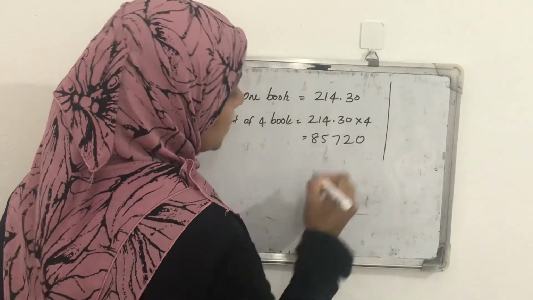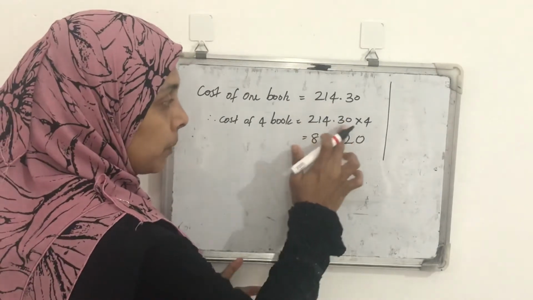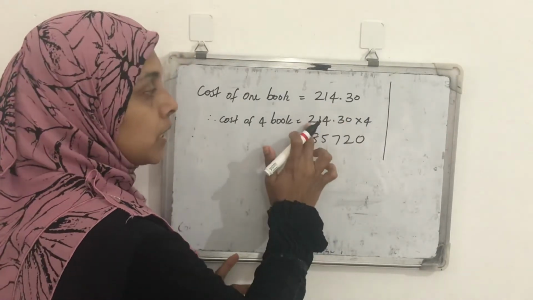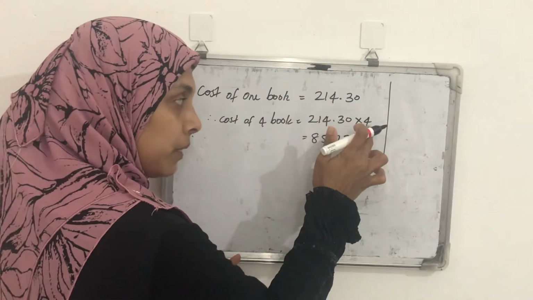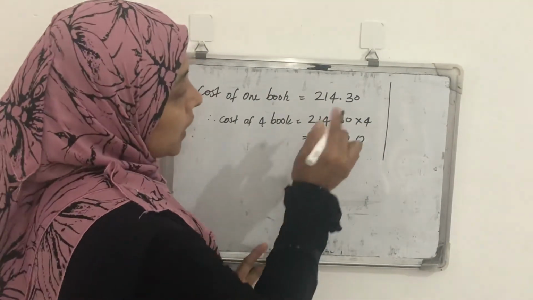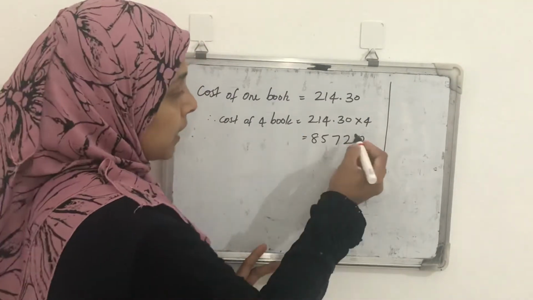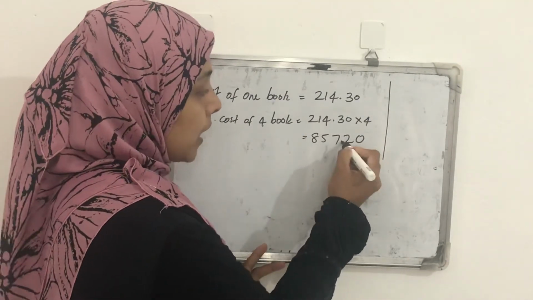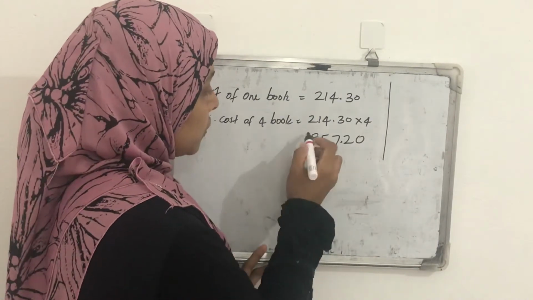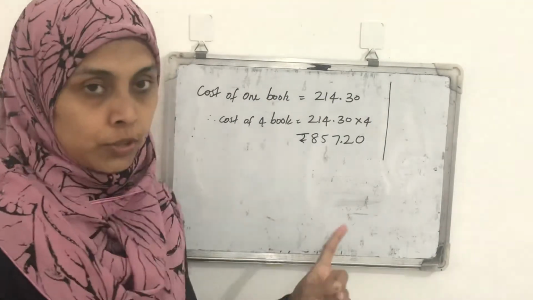Then how many decimal places do we want to move? By avoiding the decimal point, we multiply this number with 4 and get this answer. Then you count how many decimal places are there. 2 decimal places are there. So that much you move to the left side. So this much rupees is the cost of 4 books.